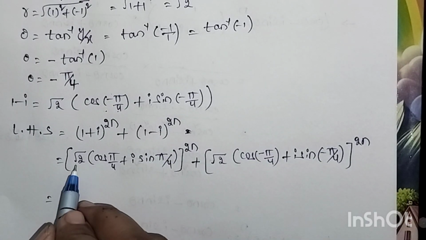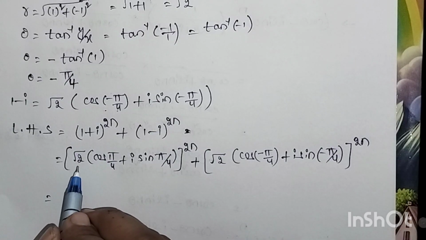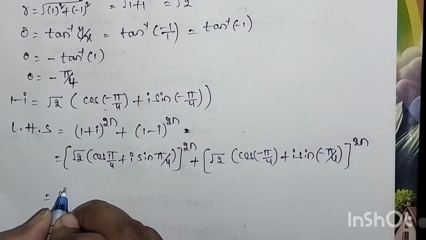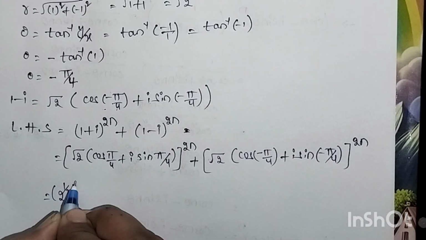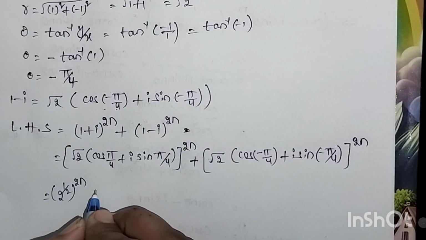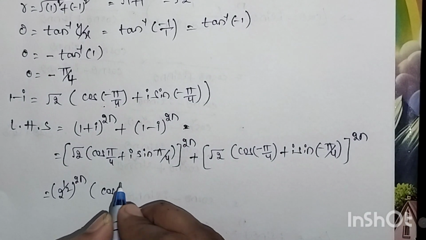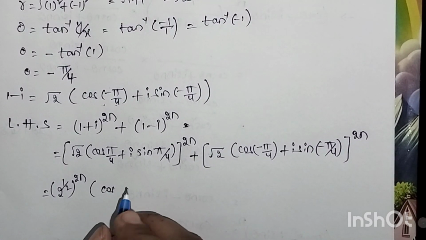Equals, how can we write root 2? Root 2 we can write as 2 power 1 by 2. Applying the power 2n here gives 2 power n. Here we can apply de Moivre's theorem.